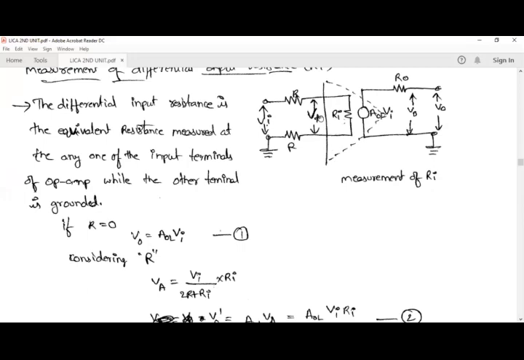Now we are going to consider the resistance R and calculate the value of Va, and how this R is going to affect the output voltage.